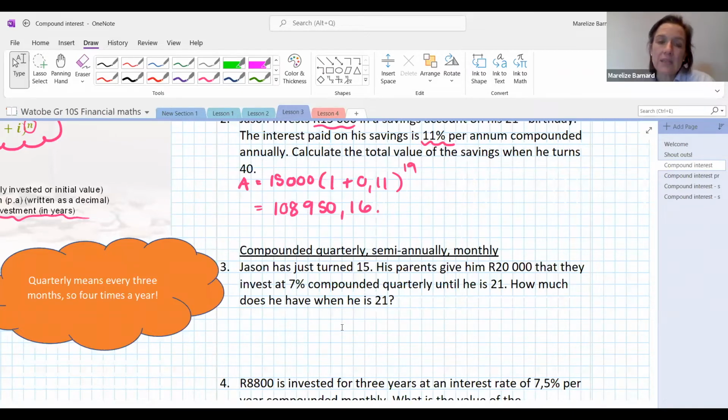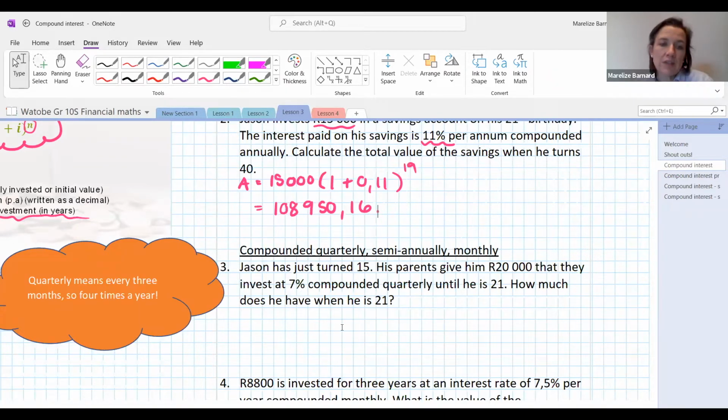What that means is that the interest rate, so say the bank quotes you an interest rate, gets split over the time period that you are getting interest compounded. So if it is compounded quarterly, it means that your interest rate is going to get divided by 4 because it gets compounded quarterly.